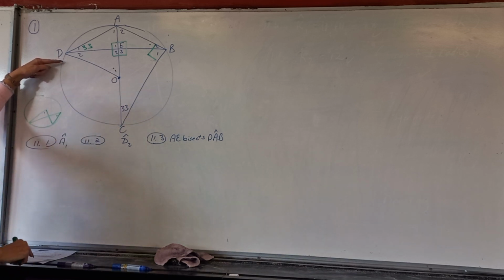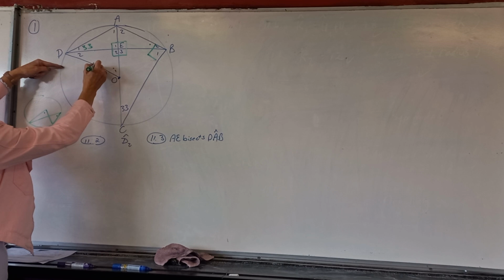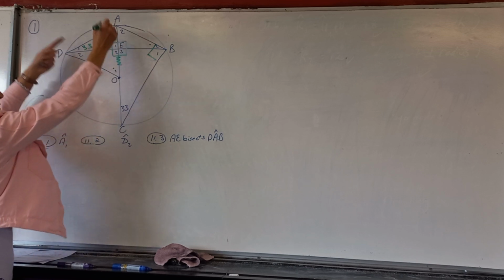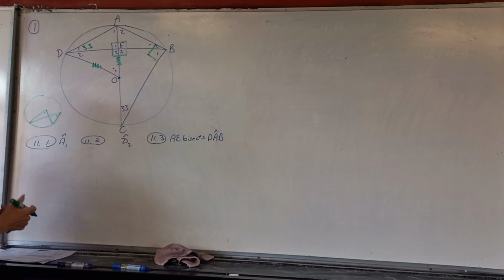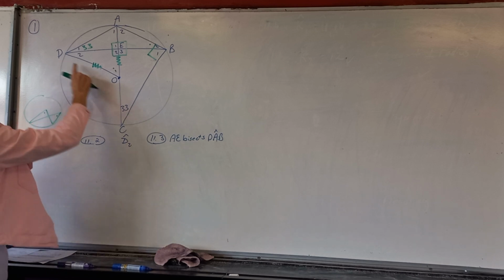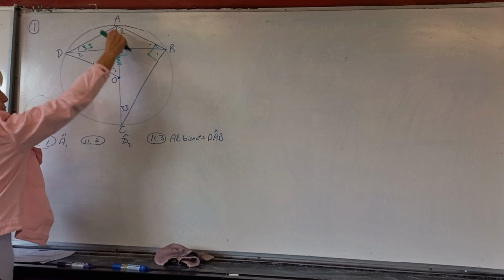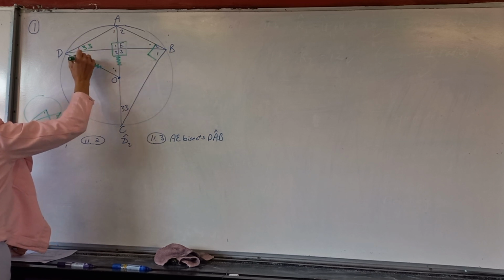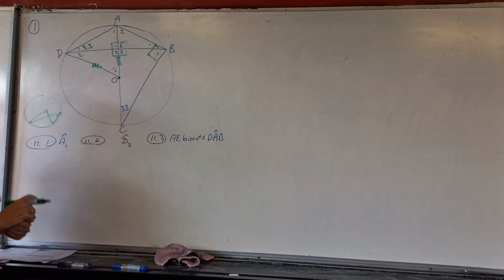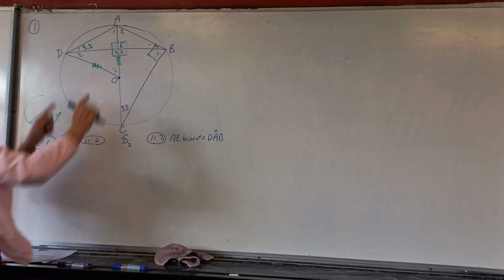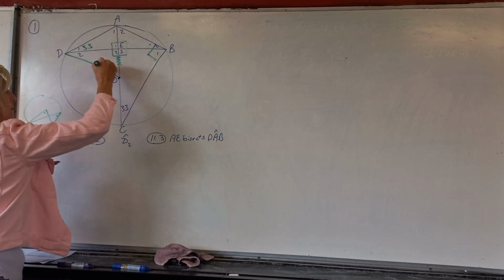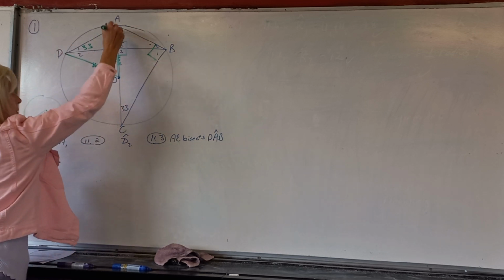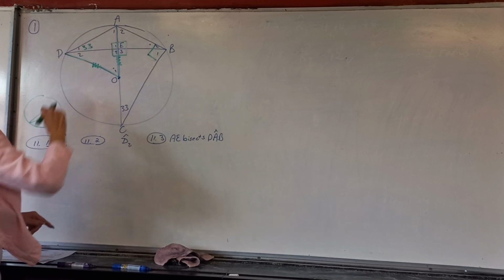OD and OA. You see it? You see the triangle with radii being equal? Meaning that A1 and this whole thing here would be the same. It is an isosceles triangle. Two sides, that angle, okay?